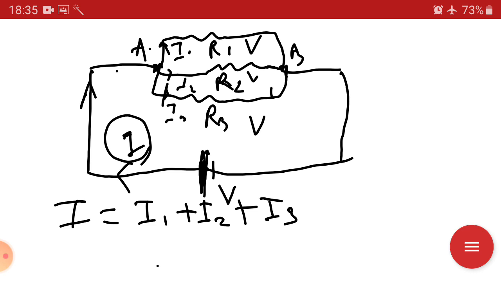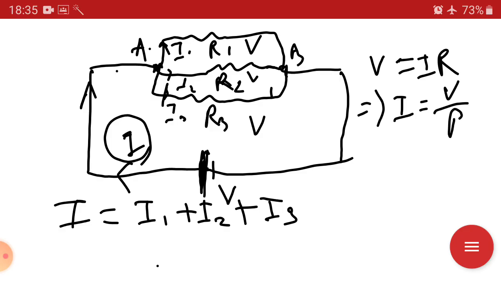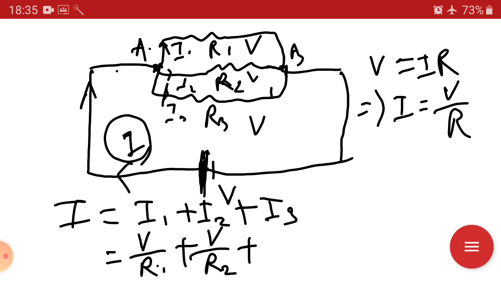So now what is I1? From Ohm's law we know that V is equal to I times R. So I will be V by R. Now in all three resistors the same voltage is there, but the resistances are different. So I1 will be V by R1, I2 will be V by R2, and I3 will be V by R3.